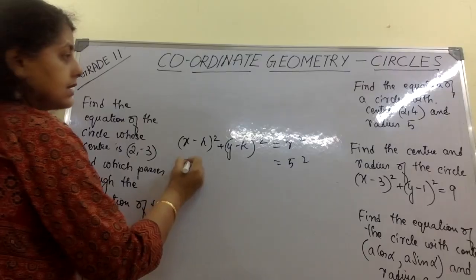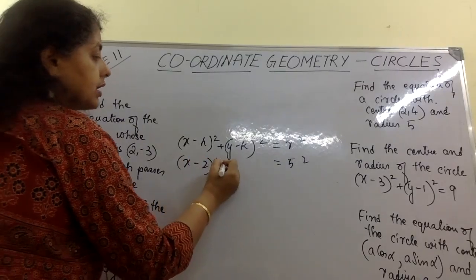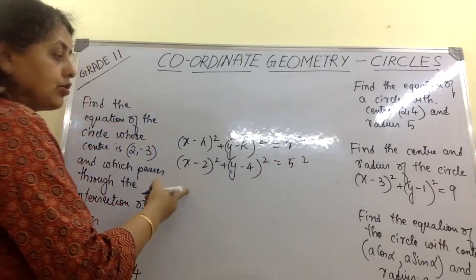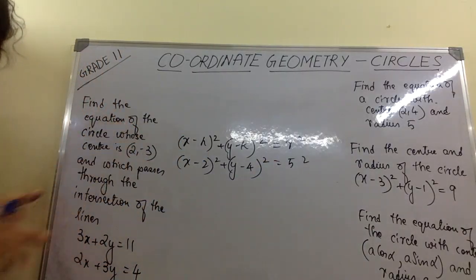And (x − 2)² + (y − 4)² is now the equation, but you have to simplify it a little more.